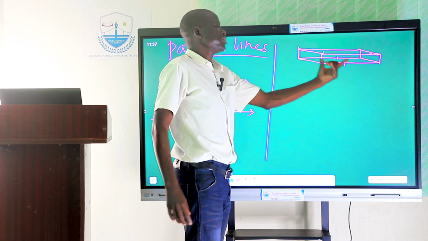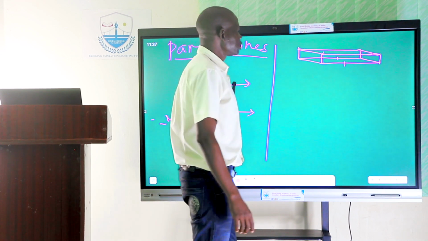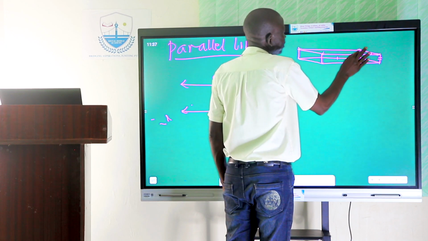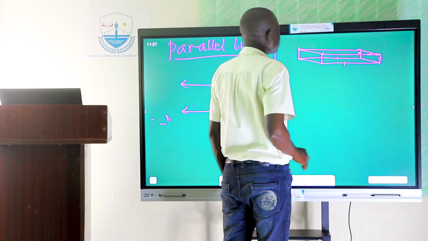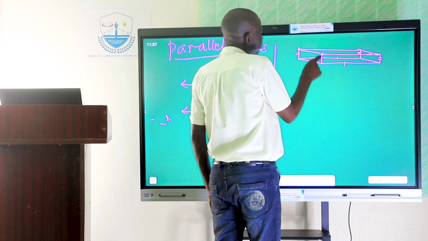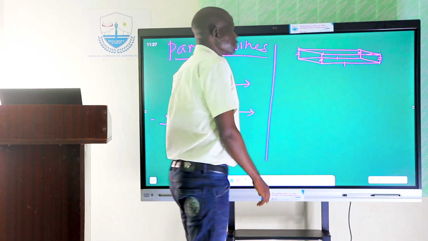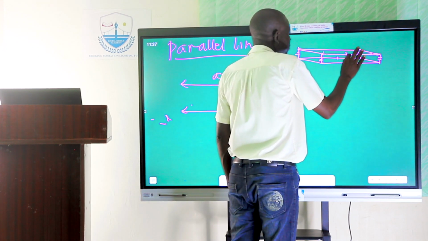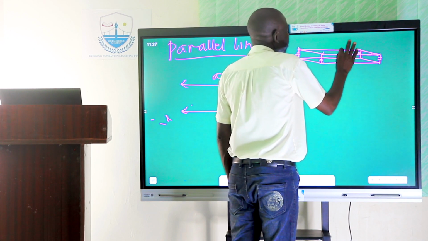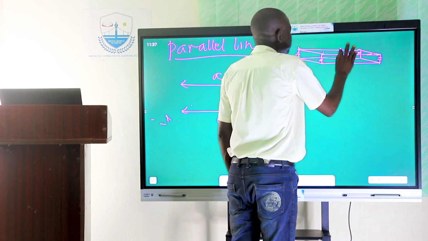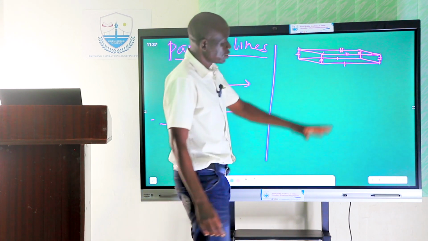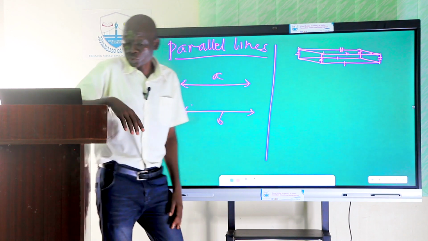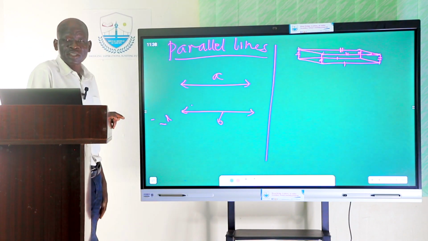So this edge here is parallel to this one. Also, this edge is parallel to this edge. Also, this one is parallel to this edge. So those are called parallel lines. Then also this one is parallel to that. They are equal but parallel. So those are examples of parallel lines.